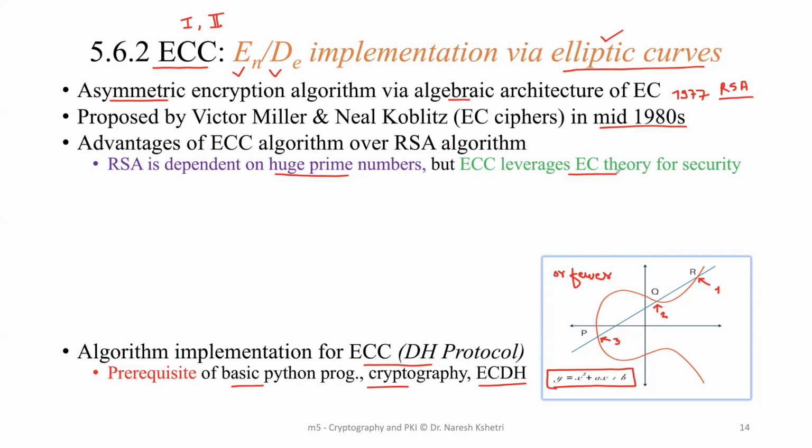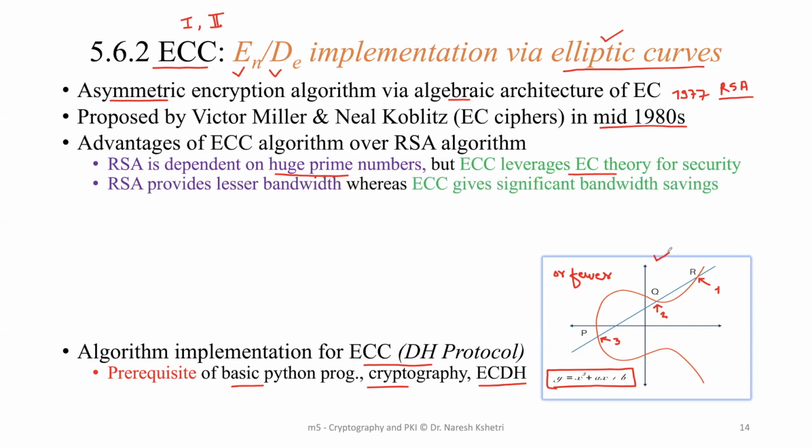In contrast to RSA, ECC is structured over algebraically finite fields. RSA provides less bandwidth saving, whereas ECC gives significant bandwidth savings as it uses elliptic curves.